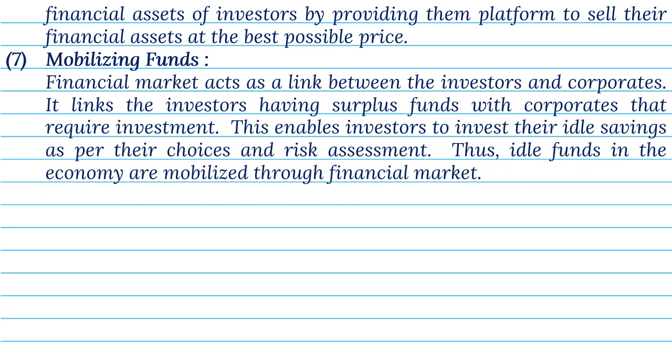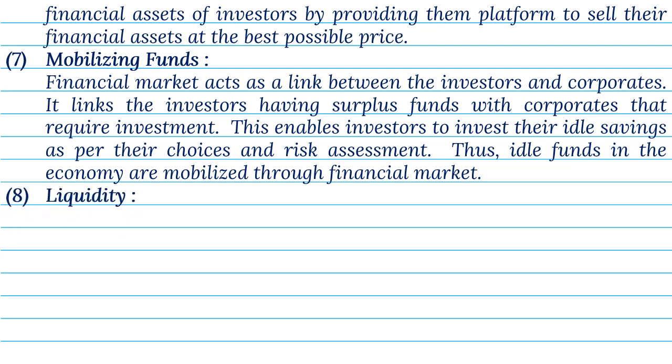Financial market acts as a link between the investors and corporates. It links the investors having surplus funds with corporates that require investment. This enables investors to invest their idle savings as per their choices and risk assessment. Thus, idle funds in the economy are mobilized through financial market.